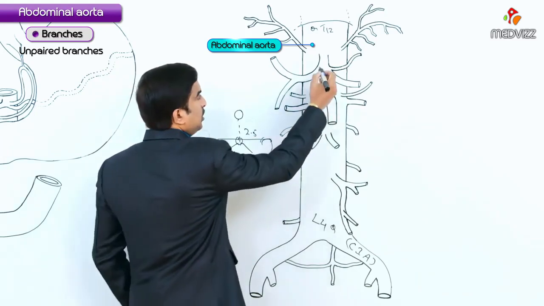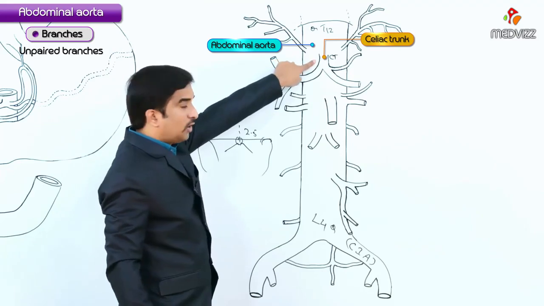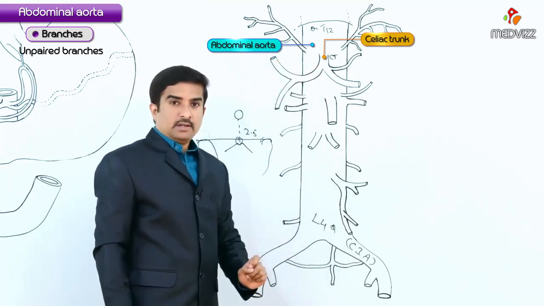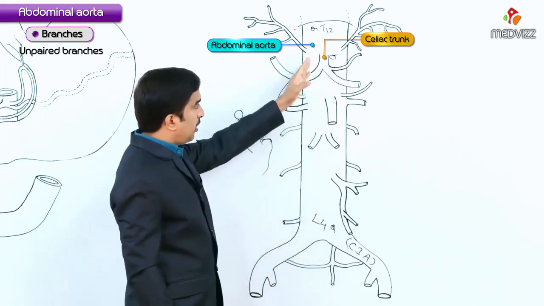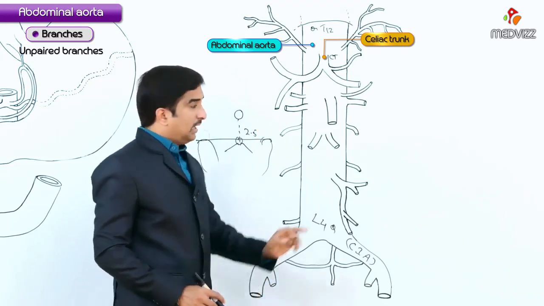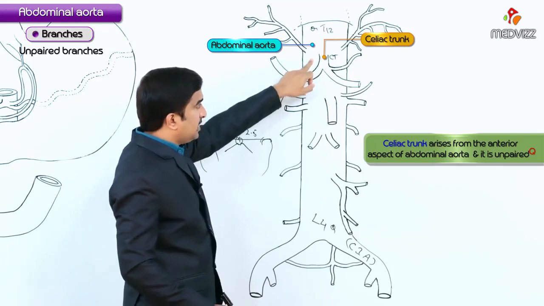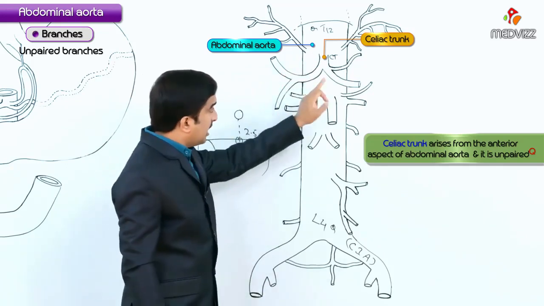This celiac trunk is an anterior branch of the aorta. As you can see in this picture, the celiac trunk arises from the anterior aspect of the abdominal aorta and it is unpaired.